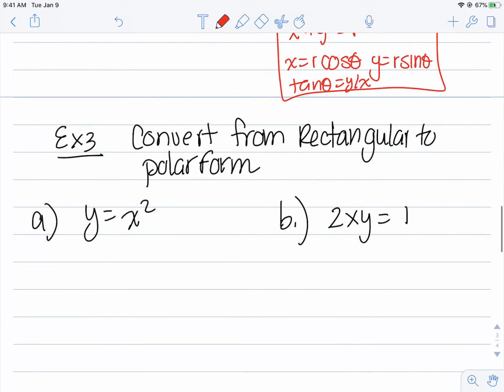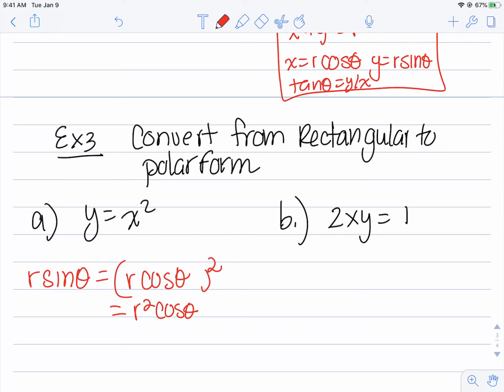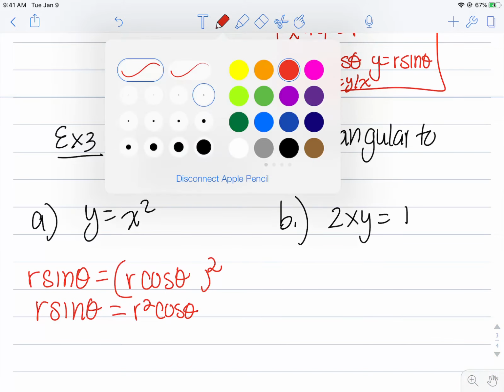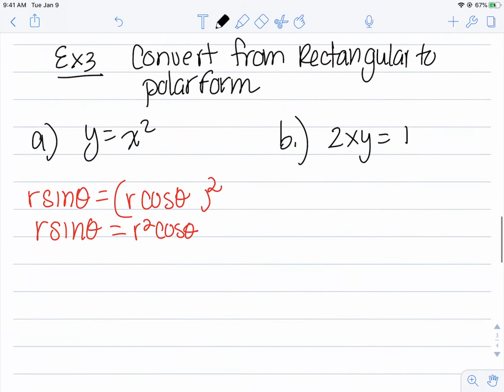So on the left-hand side, I have r sine theta, and on the right-hand side, I have r cosine theta, all of that squared, which is just r squared cosine squared theta. Usually what you want to do for these polar equations is to solve for r.